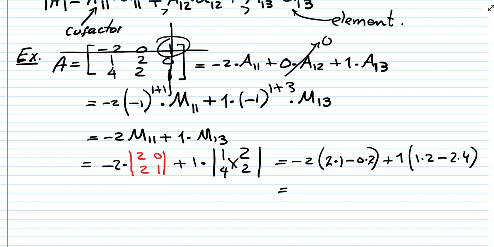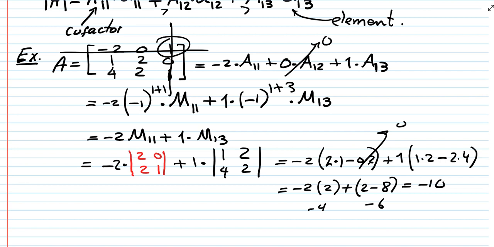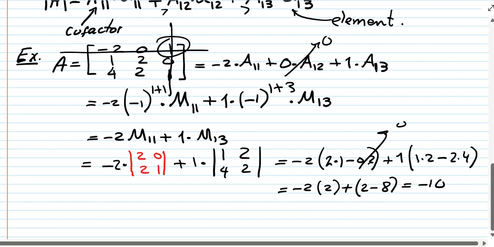It's not hard, it's just tedious. It's all arithmetic. That's going to be 0. So it's negative 2 times 2 plus 1 times, this would be 2 minus 8. And that's negative 6, negative 4. Negative 10 is going to be the determinant of this matrix.